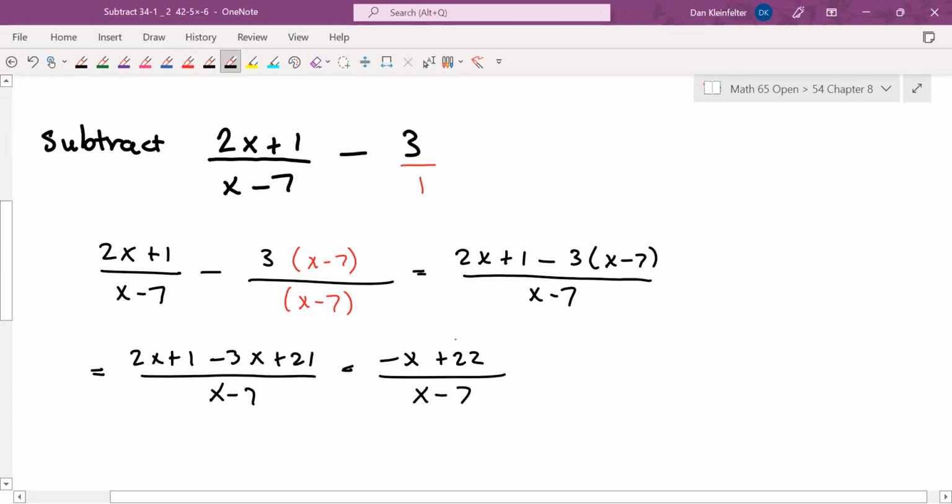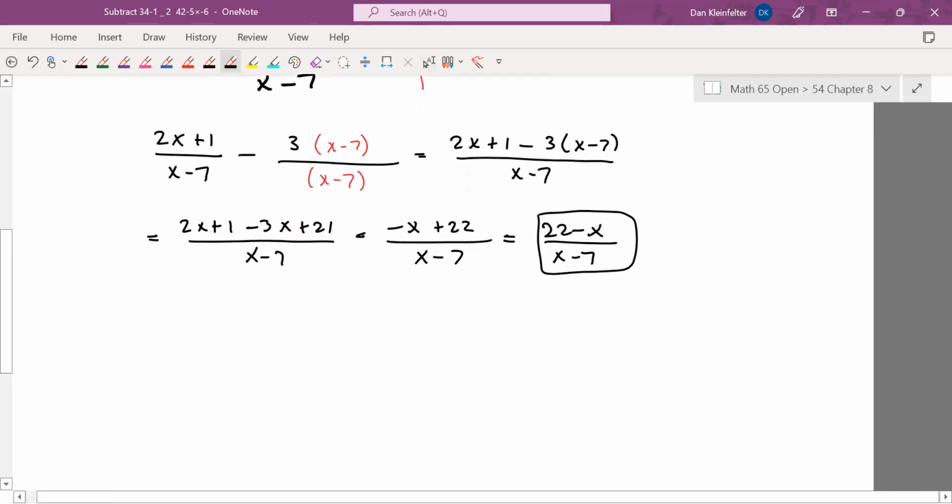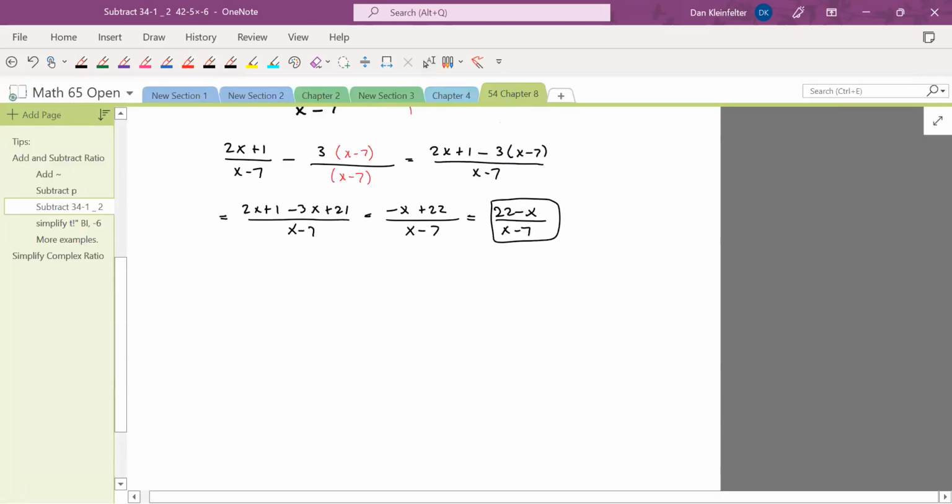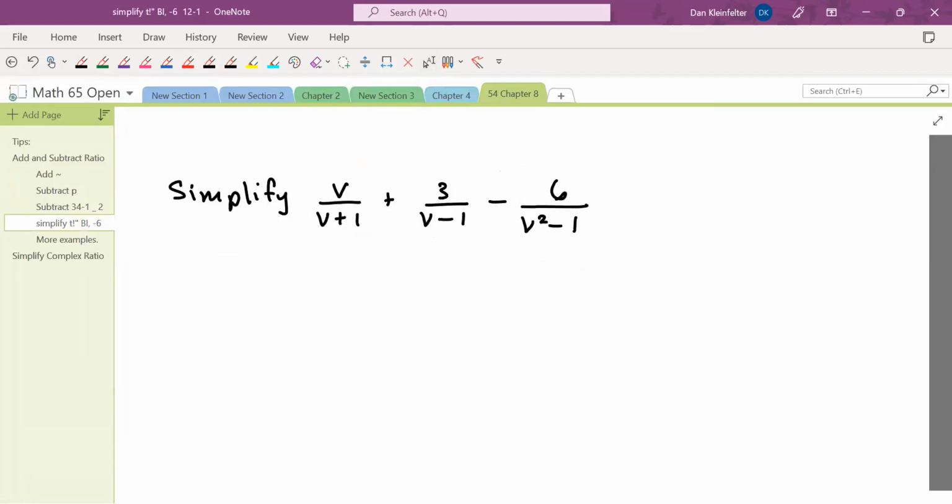That looks good to me. If you don't like that negative out front, you're perfectly welcome to change that into 22 minus x over x minus 7, although it's not necessary. Some people don't like those stray minus signs hanging out in the front end. But either way, it's okay. That's that.